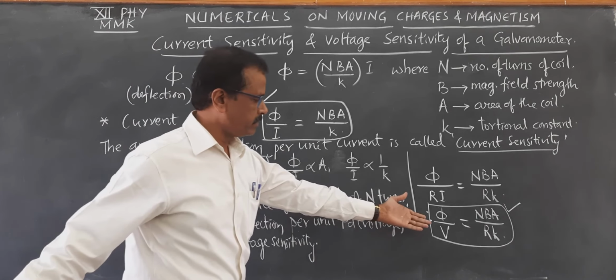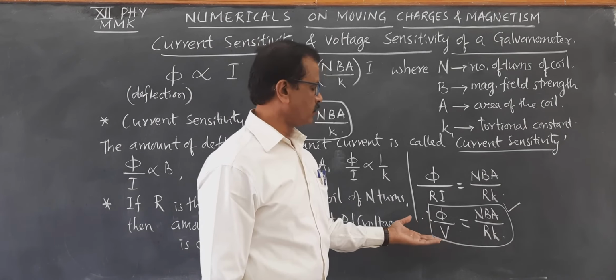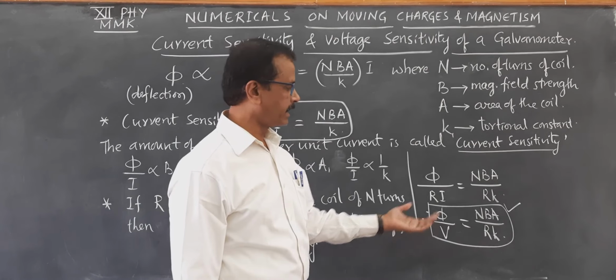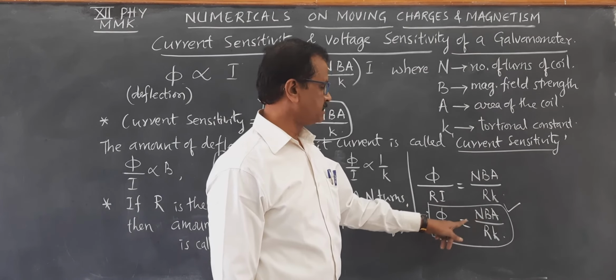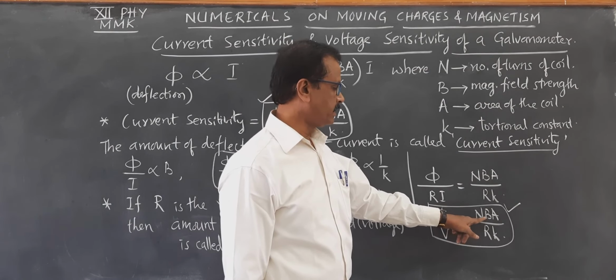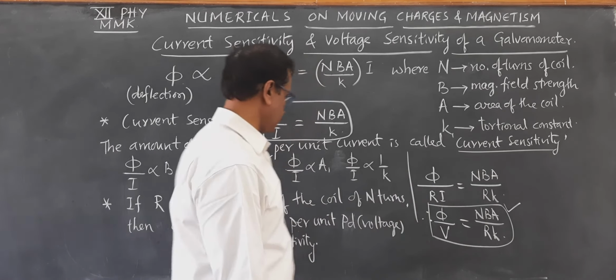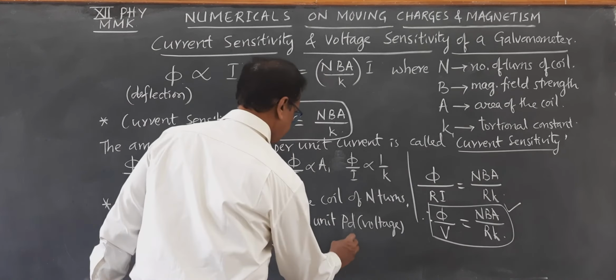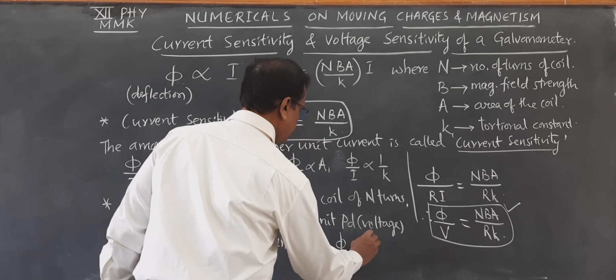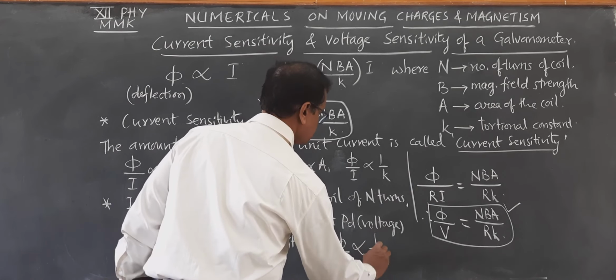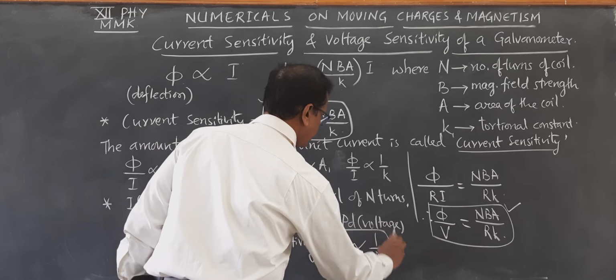In the same way, for the factors on which voltage sensitivity depends, we can say it is directly proportional to N, but at the same time it is inversely proportional to R. That is very important. Voltage sensitivity phi by V is inversely proportional to resistance R, where R is the resistance of the coil.